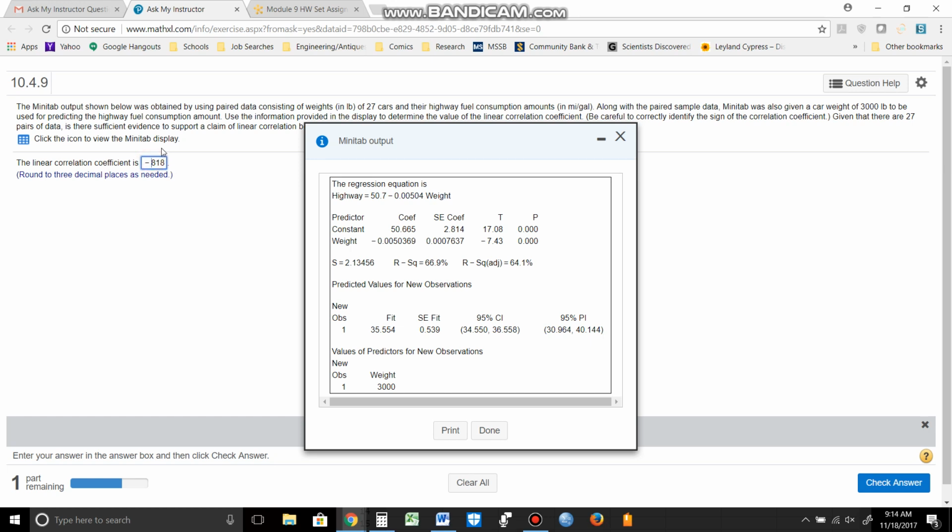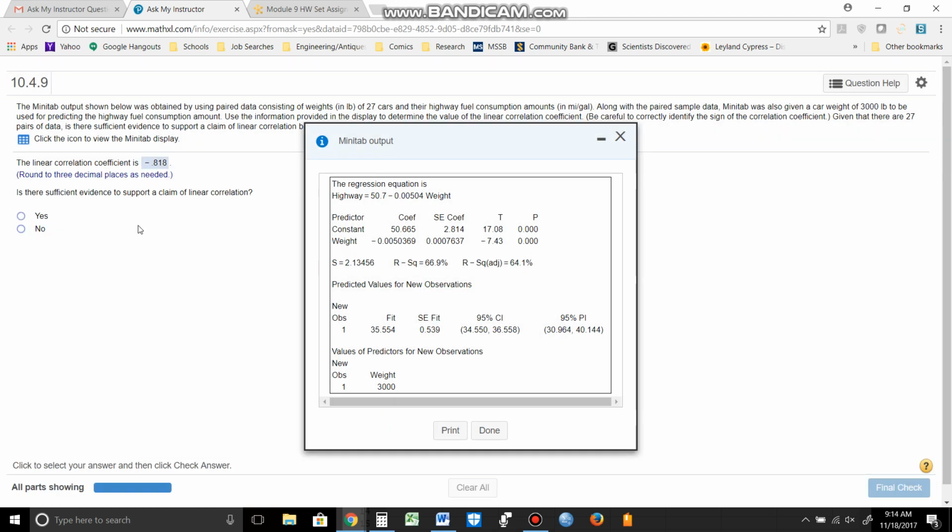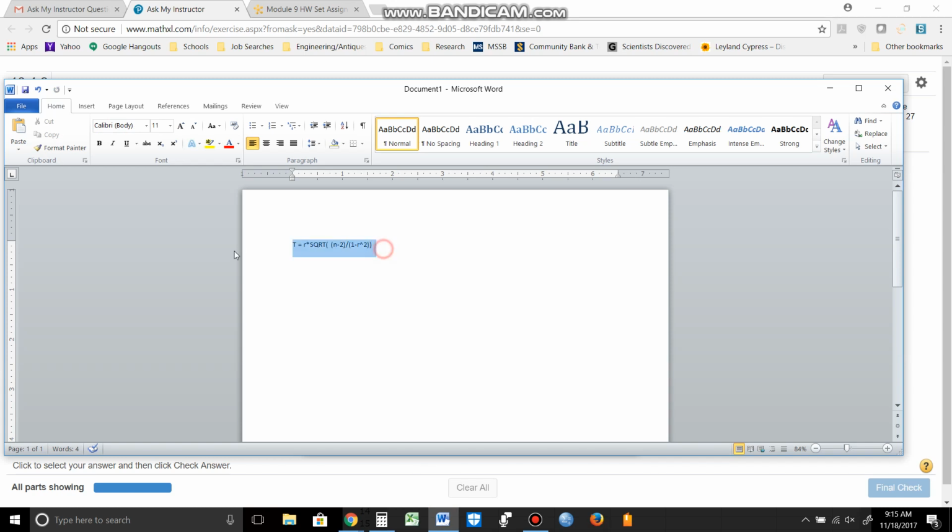Let me add a decimal here. So now let's go ahead and determine if there's sufficient evidence to support the claim. In order to do this, I need to use this formula right here to convert this correlation to a t-value. Just like I have critical t-values and critical z-values, I also have critical r-values, and I don't have a table of critical r-values.